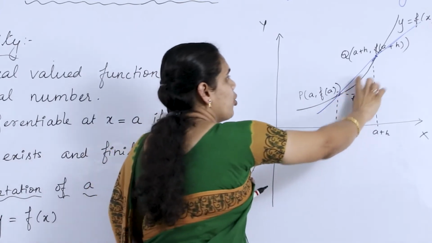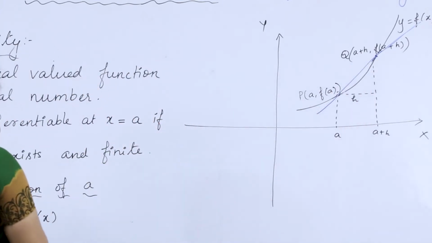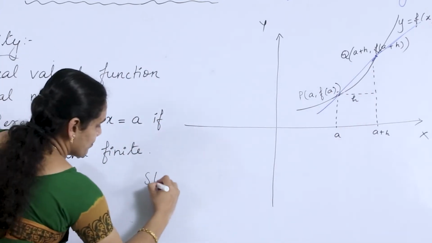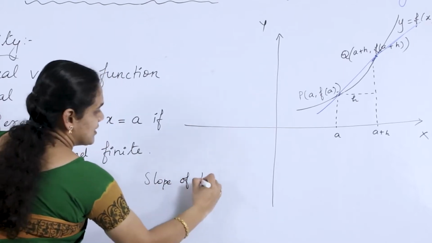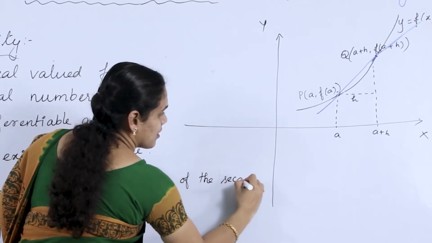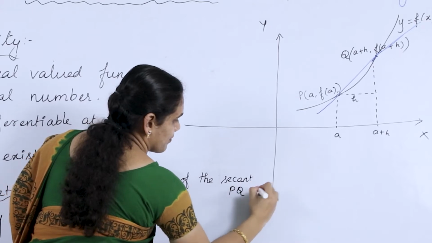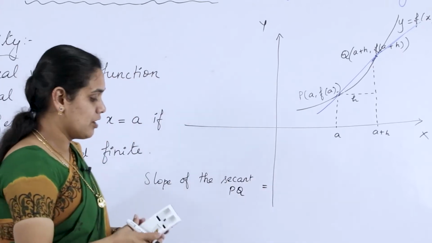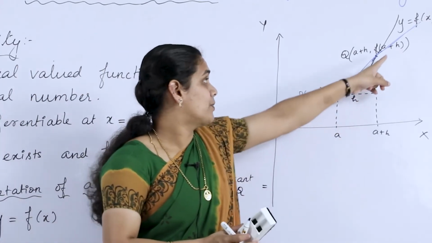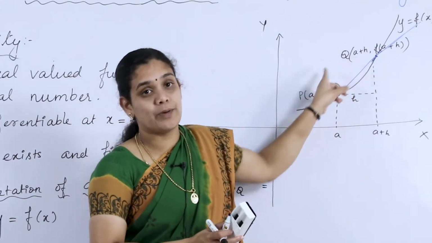So let us write the slope of this secant PQ. It would be, if you use the slope formula, y2 minus y1 by x2 minus x1.